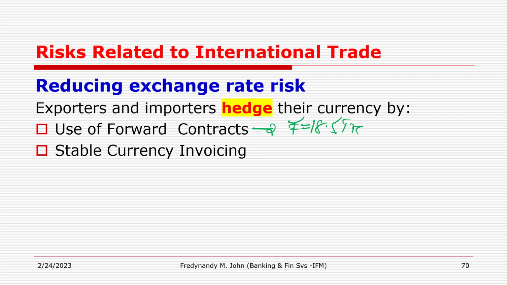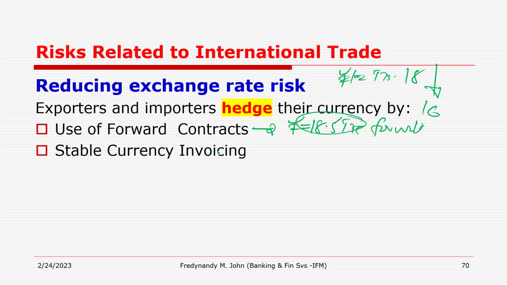That is to say, on maturity, if the exchange rate has declined, let's say initially the exchange rate was 1 Japanese yen for 18 Tanzanian shillings, and now it declines to 16 Tanzanian shillings, he can still sell using the 18.5. This is the forward rate, the rate that was agreed by both of them.